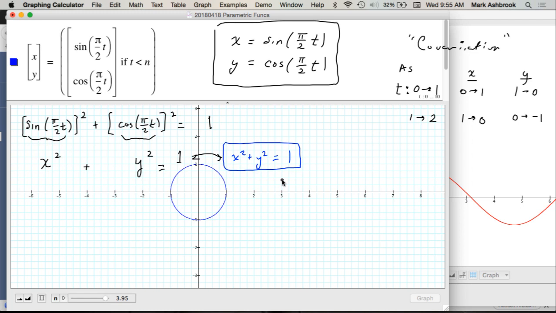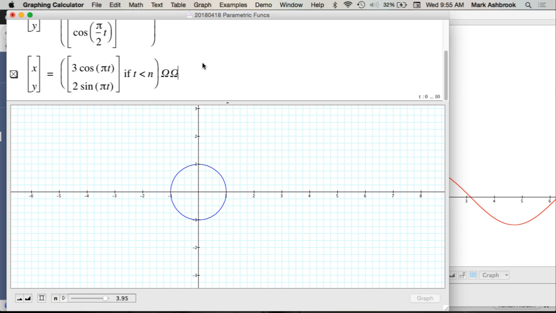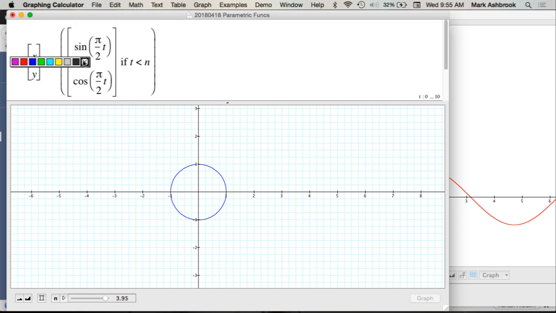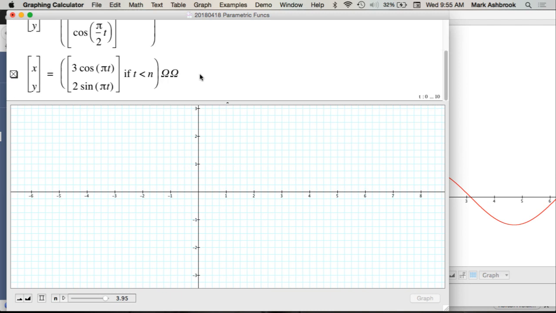Okay, let's try another one. So here's one: 3 cosine pi t, 2 sine pi t. So think about this, approach it in the same way that we did the last one, or that I kind of encouraged you to do, okay?